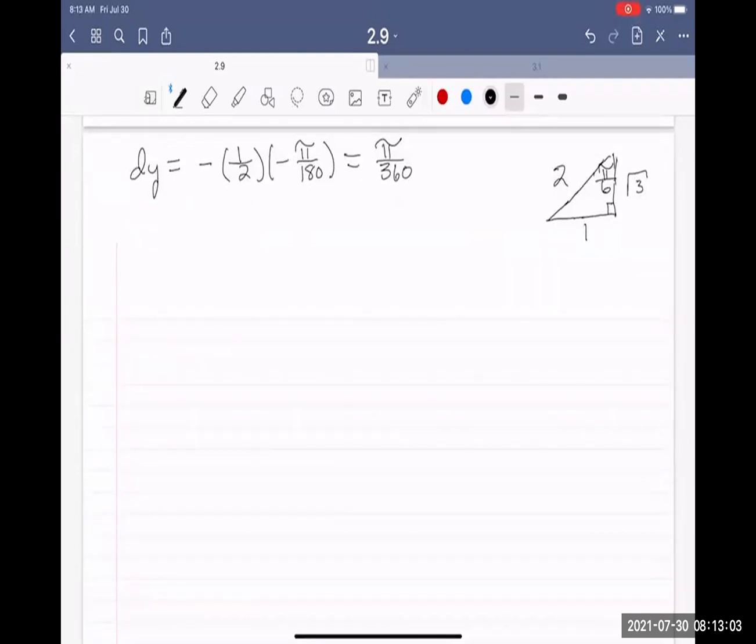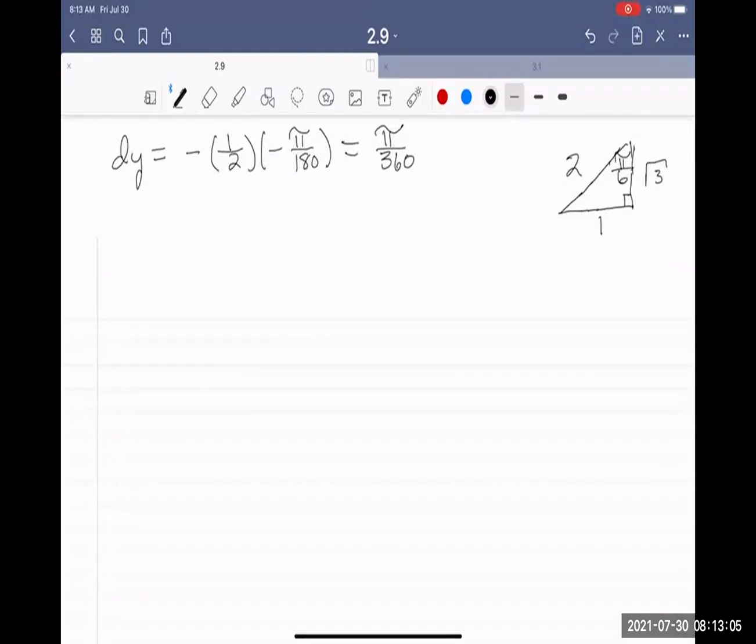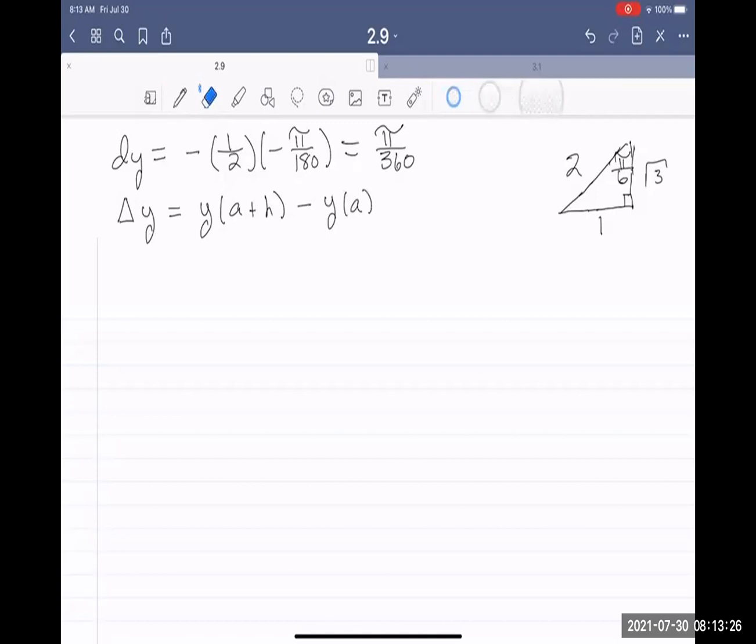Next, we have that delta y is going to be y of a plus h minus y of a. And then maybe I'll put it as delta x.